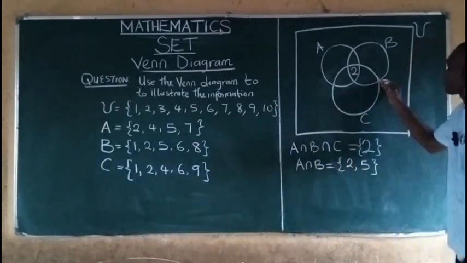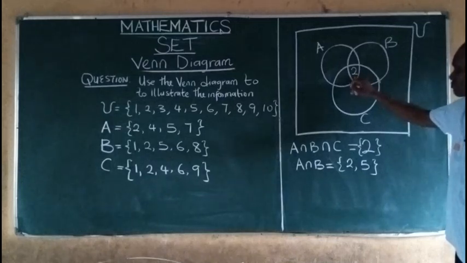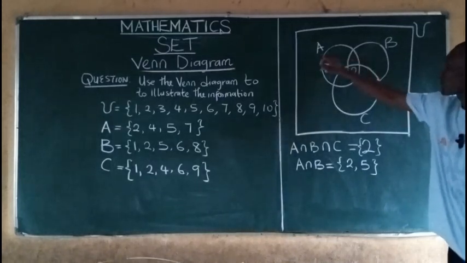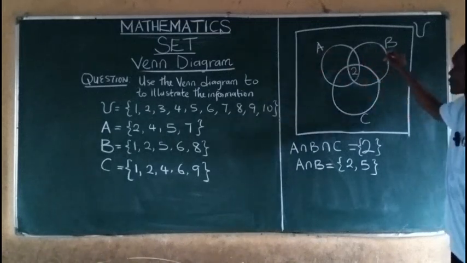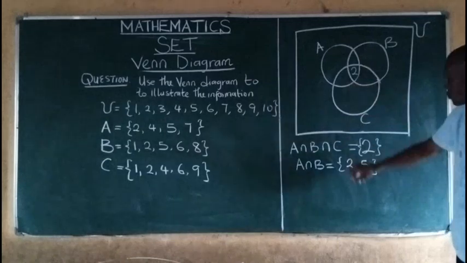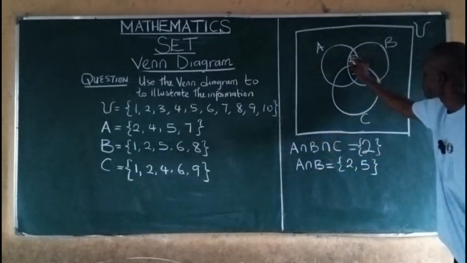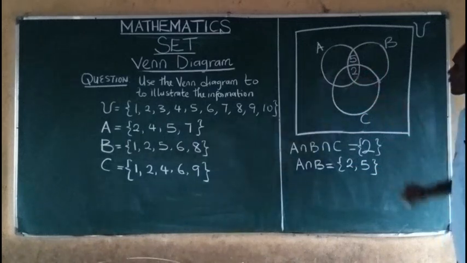In the Venn diagram, since we already have 2 here, we are not writing 2 again. Our A intersection B, which is this point, is 2 and 5, so we only put 5 here.